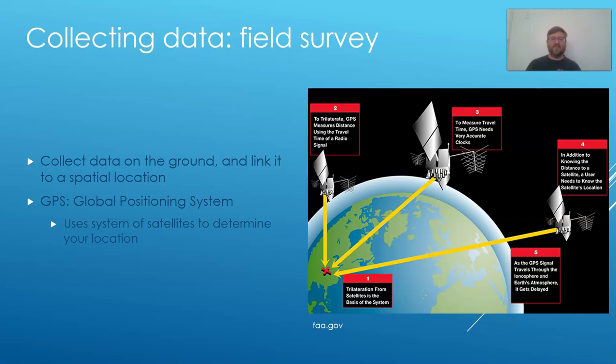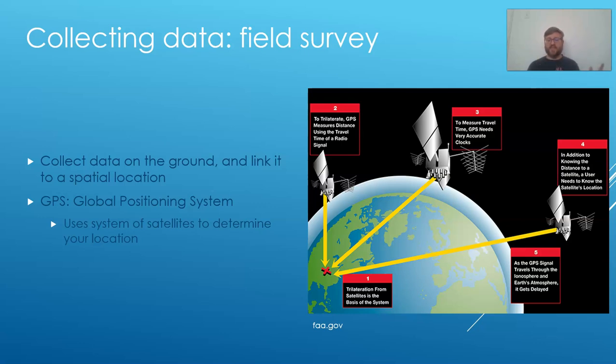It takes a little bit of time for that signal to get from the satellite to your cell phone or your GPS receiver. And so that time lag tells us how far away you are from the satellite, because that signal travels at a known speed. So you can calculate your distance from that satellite.